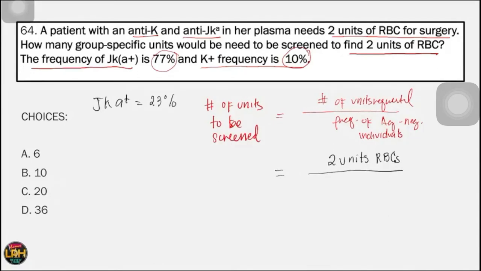The antigen K frequency is 10%, so the antigen-negative frequency would be 90%.